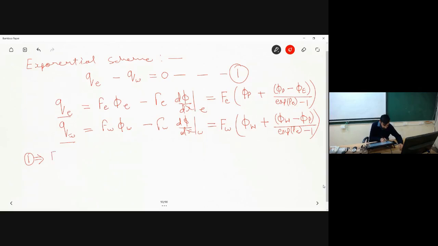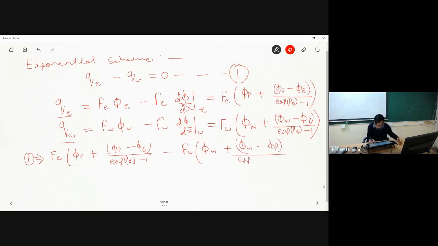So it will be FE times phi P plus phi P minus phi E divided by exponential of Peclet number minus 1, minus FW into phi W plus phi W minus phi P divided by exponential of Peclet number minus 1, equal to 0.